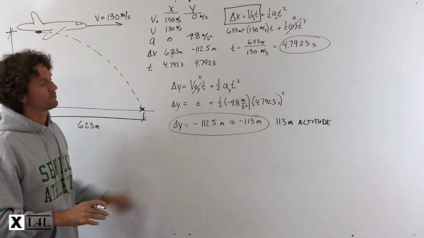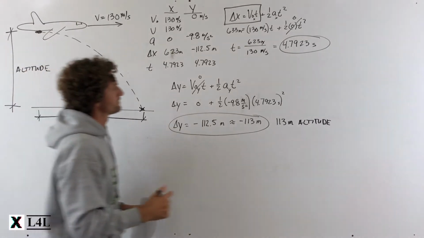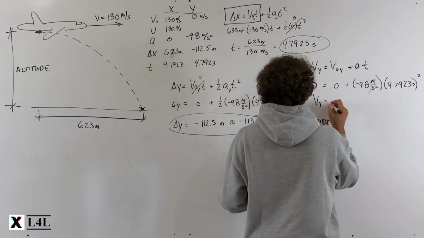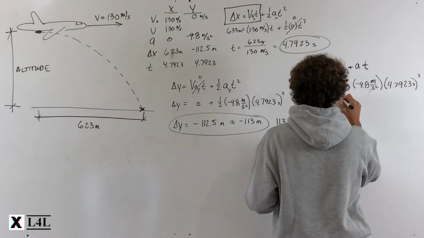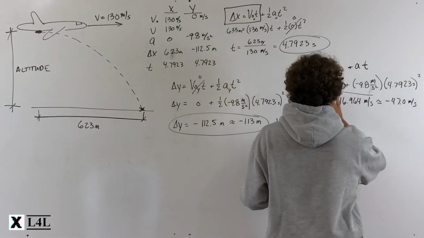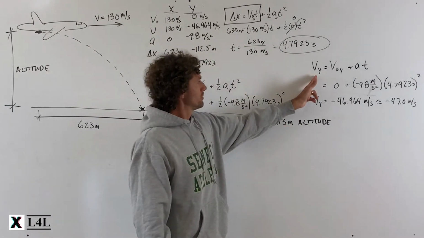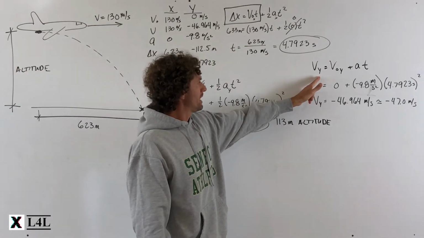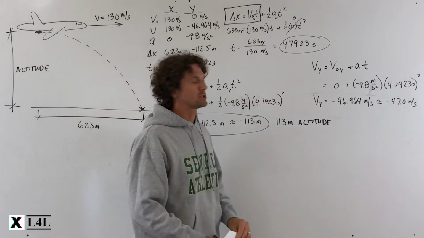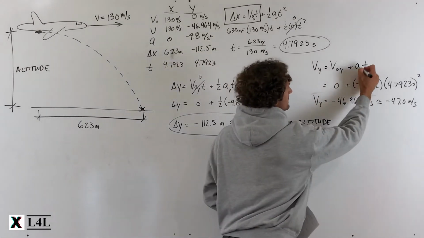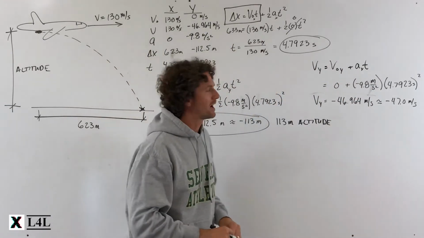So let's first solve for the vertical velocity. We're using that first equation. Final velocity in the vertical is equal to the initial velocity in the vertical plus the acceleration in the vertical times time.